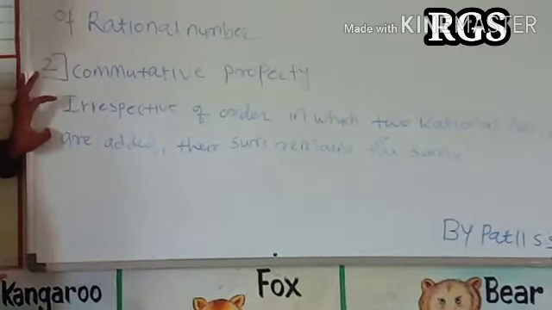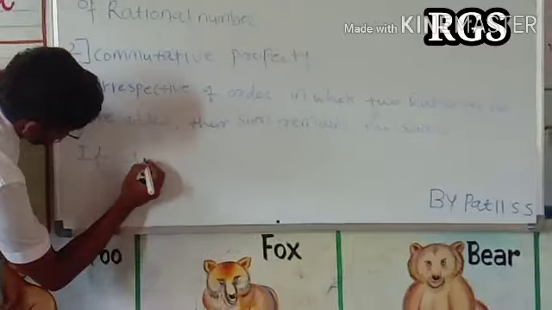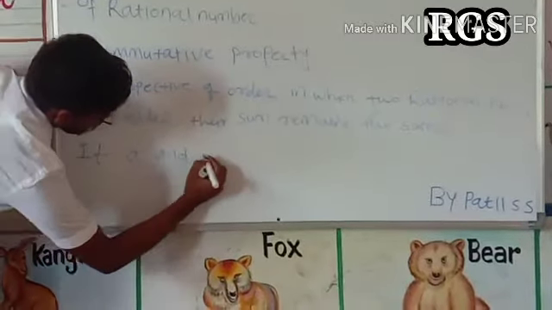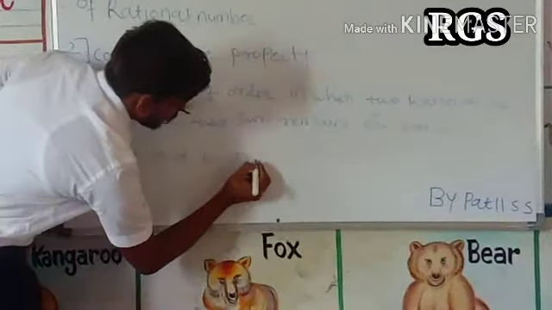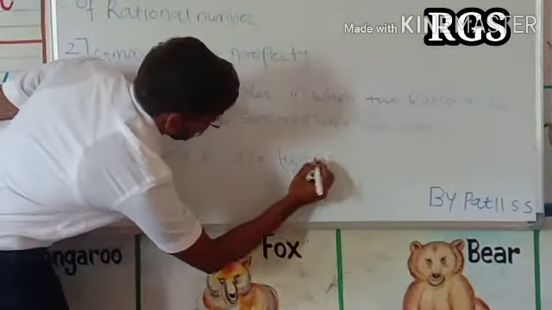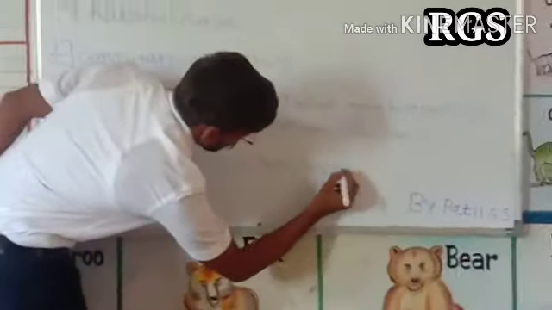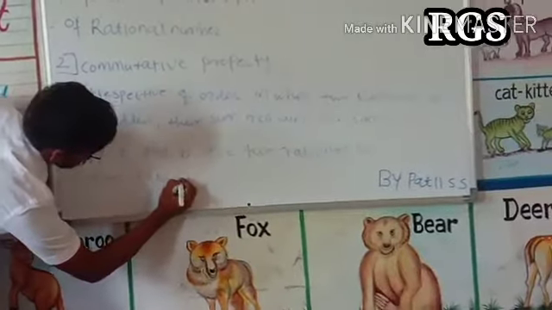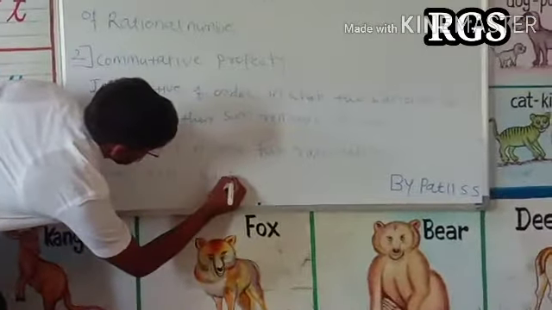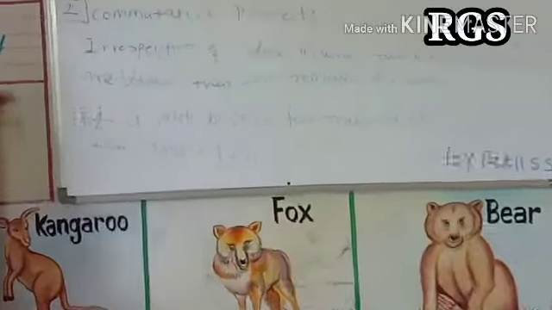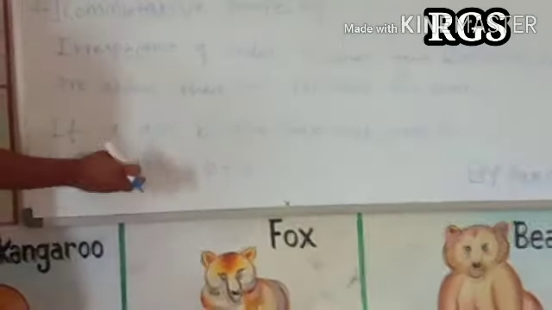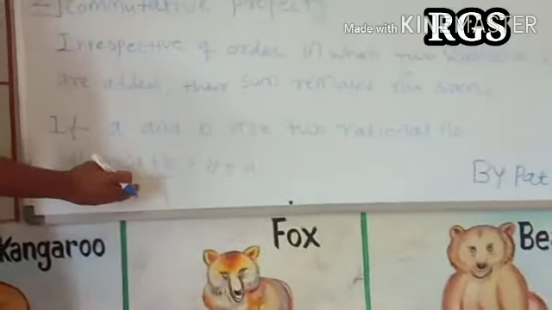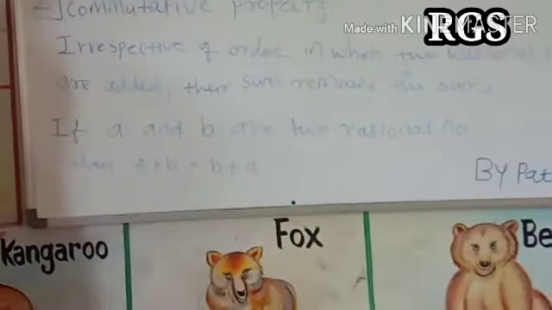Now see here, if A and B are two rational numbers, then the addition of A plus B is equal to B plus A. Here it means irrespective of their order, the addition of both these terms is the same.